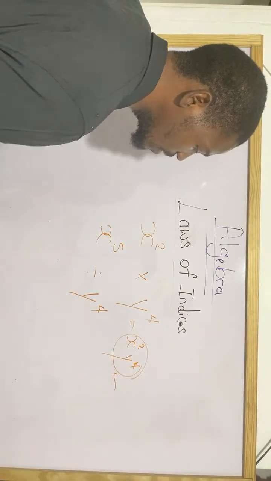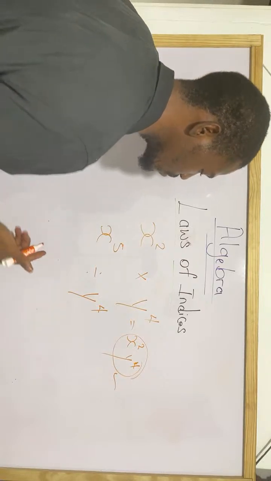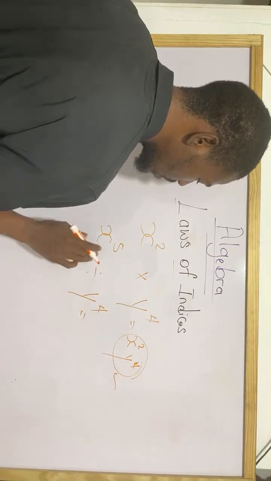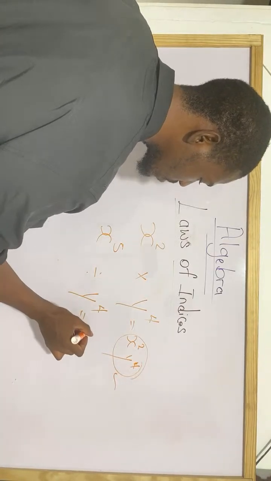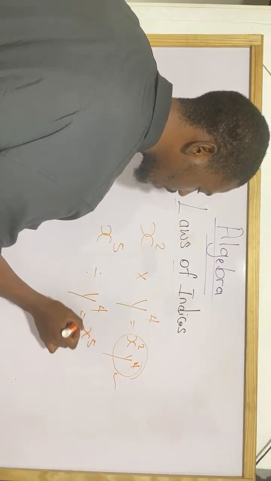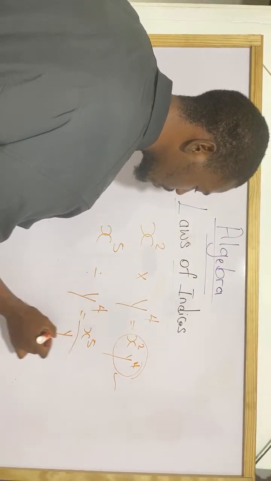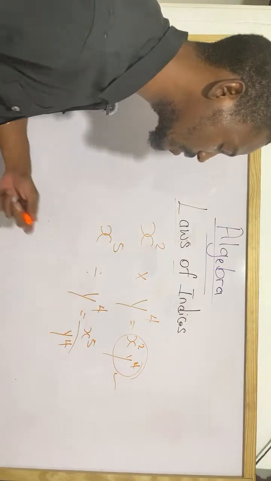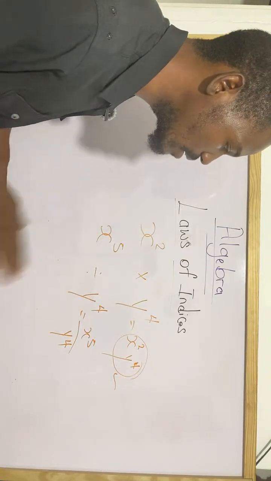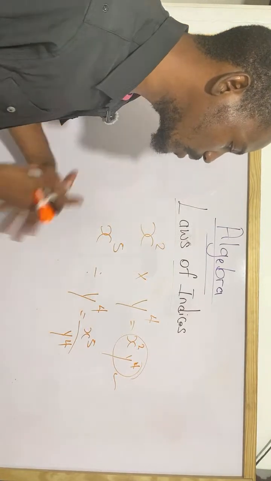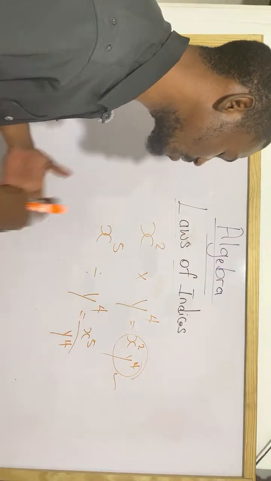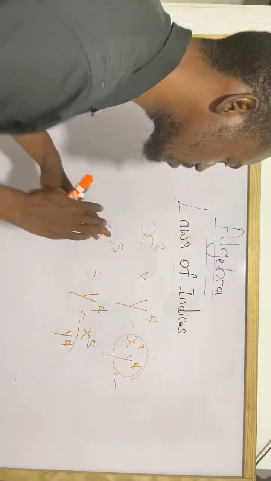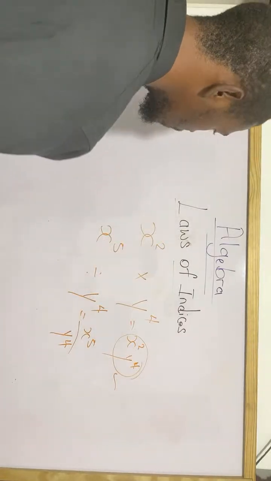We did not do anything there, and that is the correct approach. Here is the same thing: we're just going to have it as x to the power of 5 over y to the power of 4. So in cases where the variables are different, don't do any form of multiplication and division, because we're talking about multiplication and division.